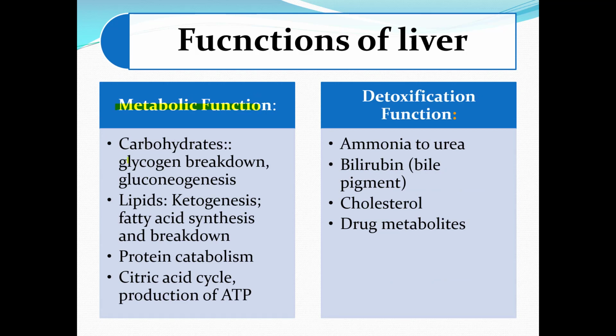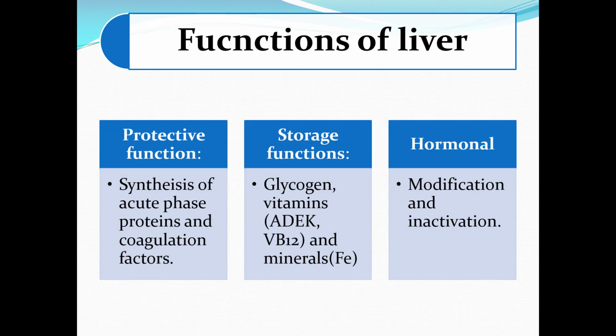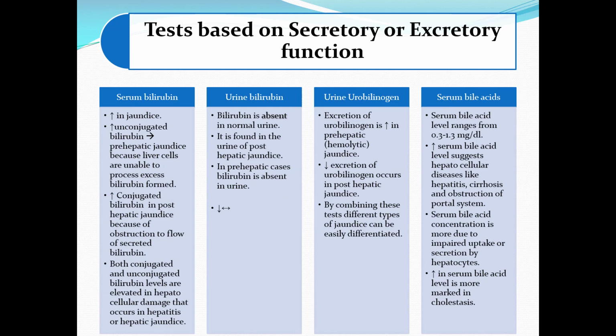Metabolic function: glycogen breakdown, gluconeogenesis, ketogenesis, fatty acid synthesis and breakdown, protein catabolism, TCA cycle and ATP production. Detoxification function: ammonia to urea, bilirubin, cholesterol and drugs. Protective function: synthesis of acute phase proteins and coagulation factors. Storage function: glycogen, vitamins A, D, E, K, B12 and iron. Hormonal modification and inactivation.